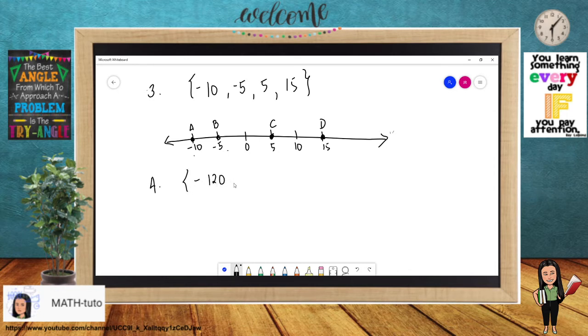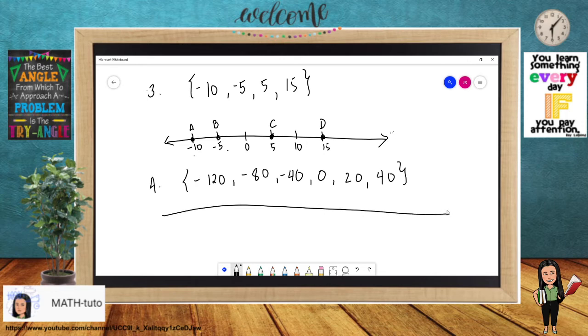Let's have negative 120, negative 80, negative 40, 0, 20, and 40. So, if we use the interval 5, then we will have to write a lot of numbers.